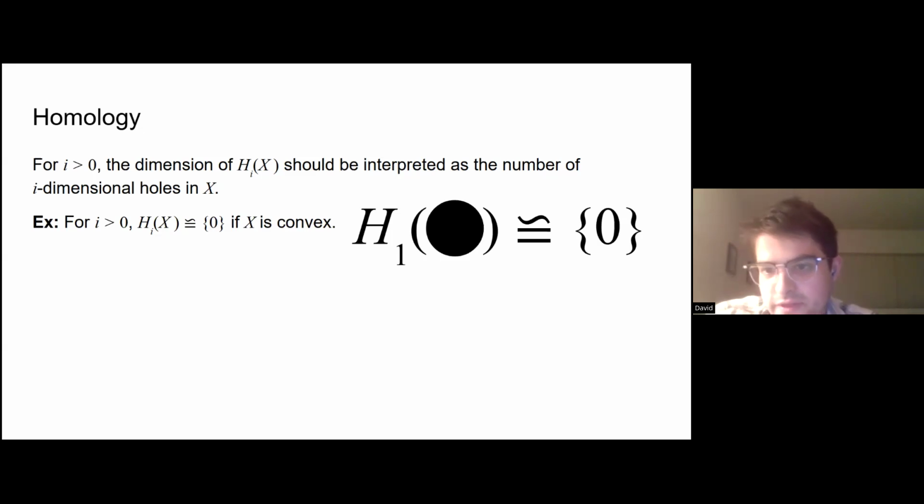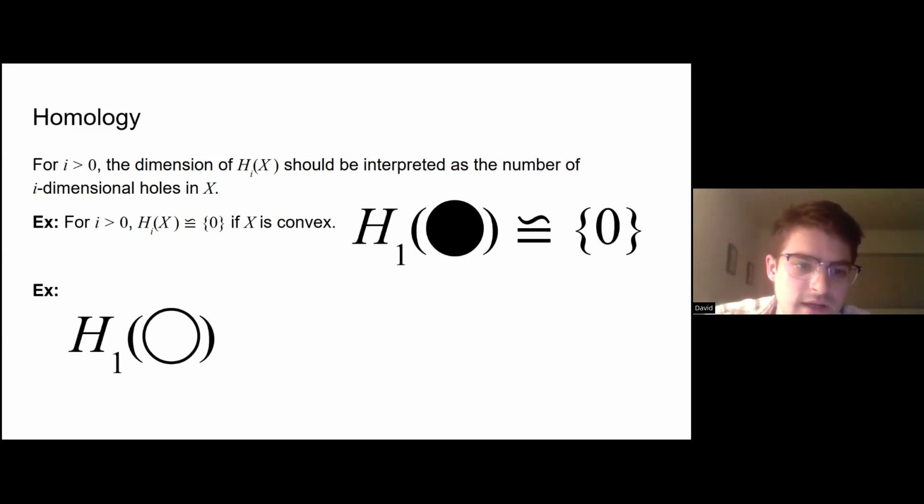It has no holes. The way I think of H_1 is that it tells you about the number of holes in your shape that you could punch through. A circle has one such hole, and indeed H_1 of the circle is a one-dimensional vector space.